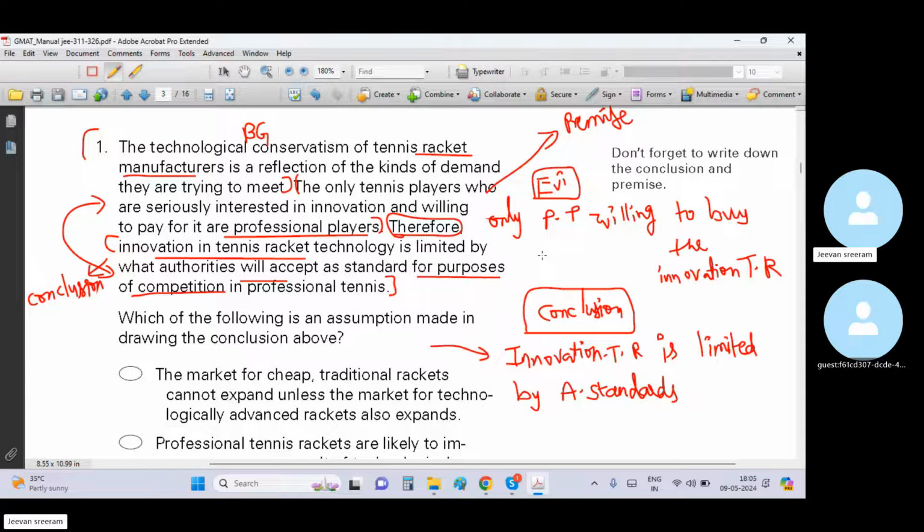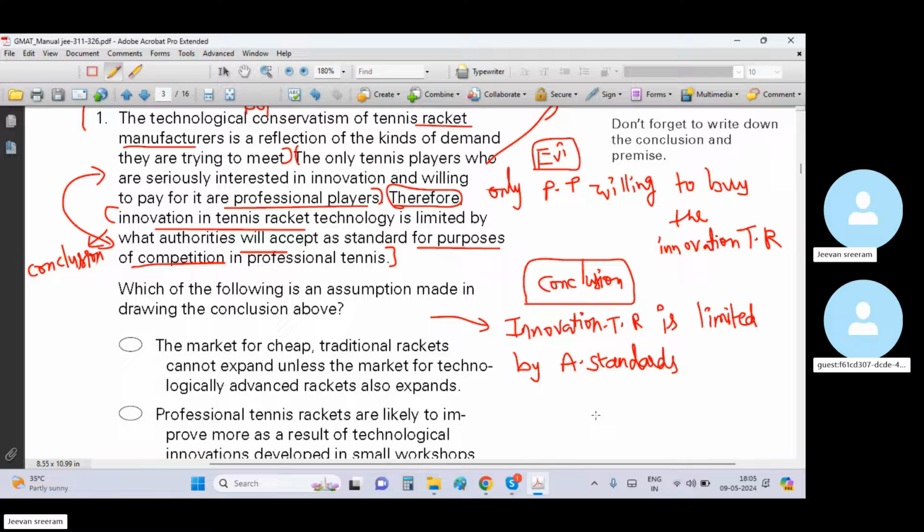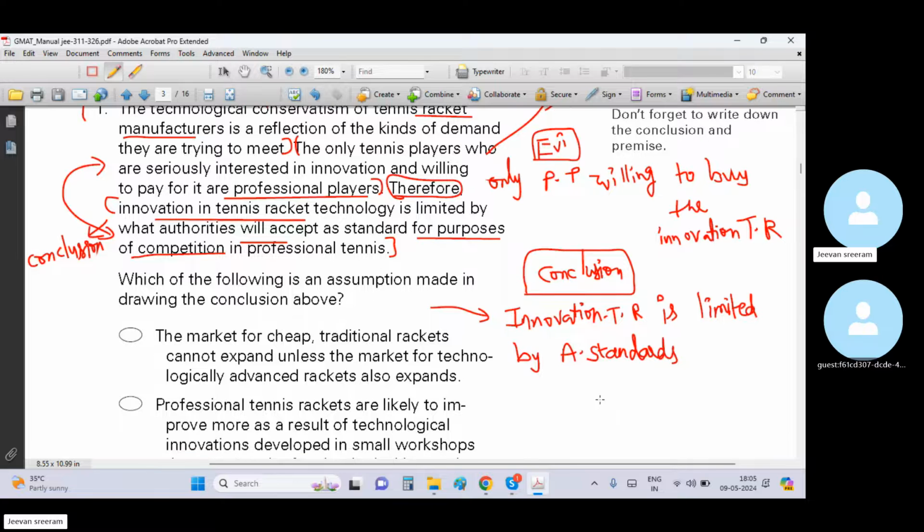You should be able to find that link. That link is nothing else but the assumption, unstated, which is also true as per the author's idea. Clear? So how to find the link? Just try to eliminate the common meaning from both the claim and the evidence, buddy.